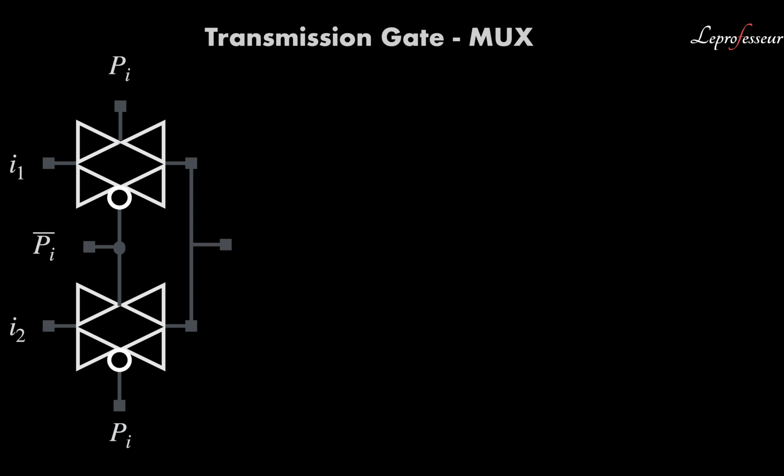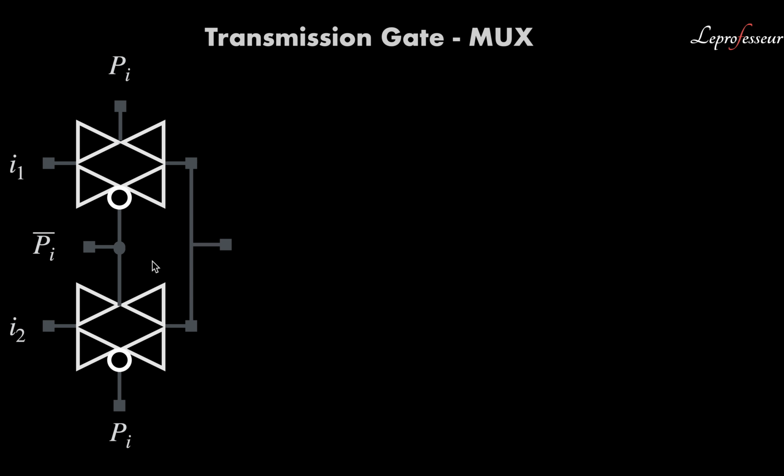If we connect them in this manner, the control PI is connected to the NMOS gate, and the inversion of the control PI connects to the I1 PMOS.